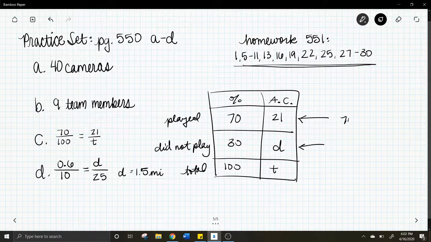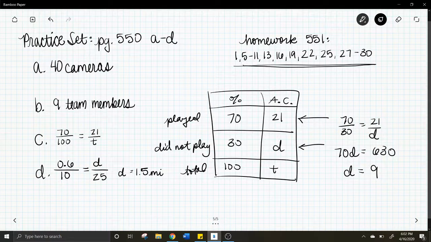So in this case, our proportion is 70 over 30 equals 21 over D. Okay? So we're going to cross multiply: 70 times D equals 21 times 30. Okay, to find how many did not play, we would divide each side by 70, and we would get 9.